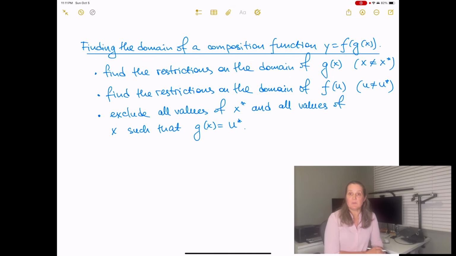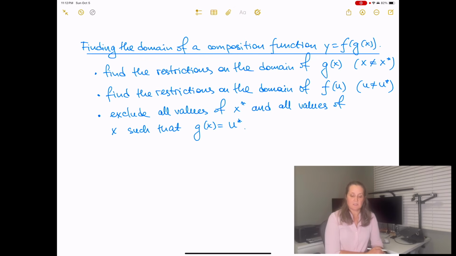So now that we reviewed the domains of the basic functions, let's talk about the domain of a composition function, f of g of x. How do we find out what the restrictions are? Well, we start with the function g of x and identify values of x that are not allowed to be in the domain of g of x.